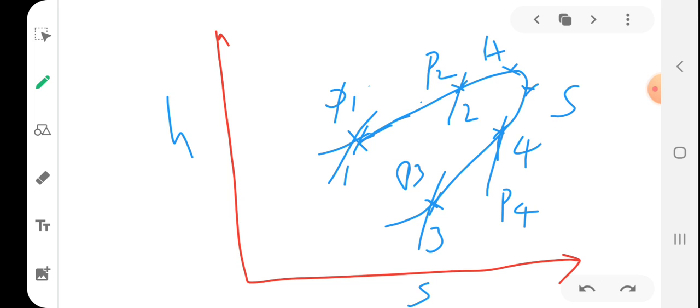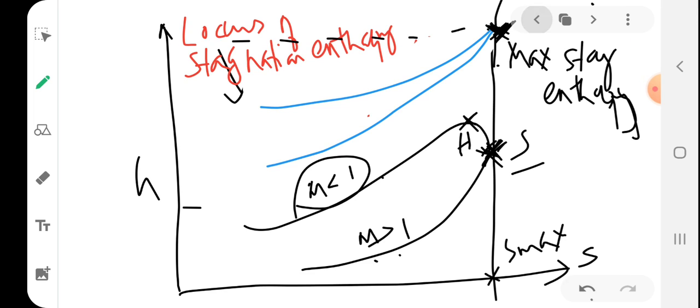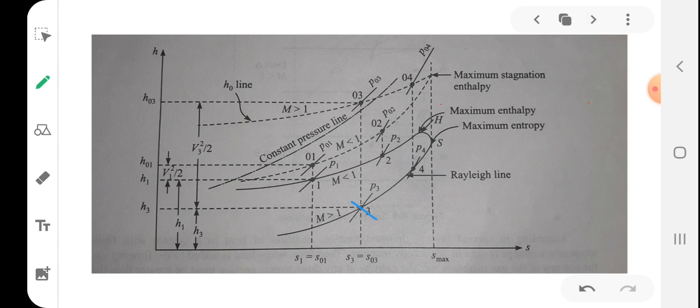So what happens to the velocity? Velocity decreases, right? You can see that from 3 to 4 in the supersonic branch, when the flow is moving from left to right, this velocity will be higher than this velocity, which means velocity decreases.